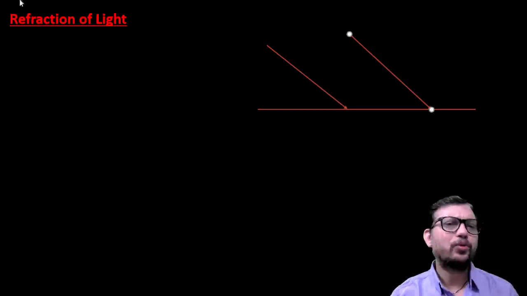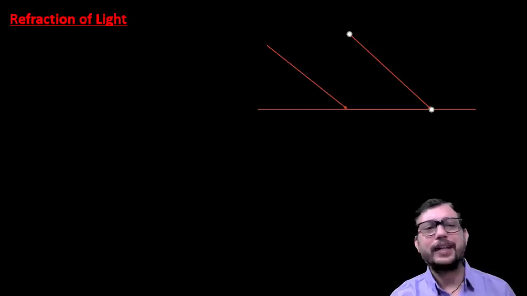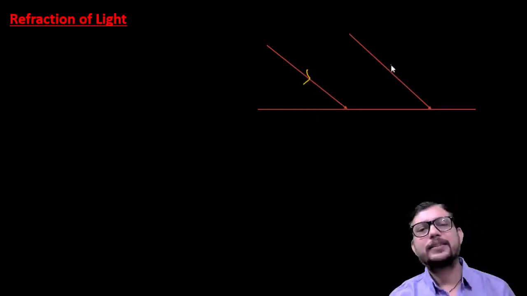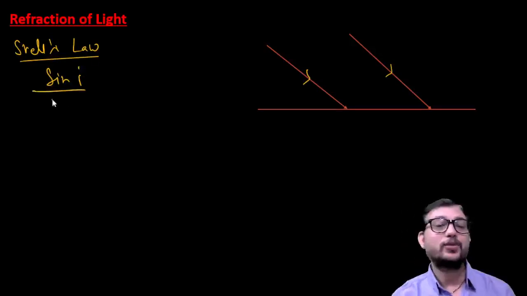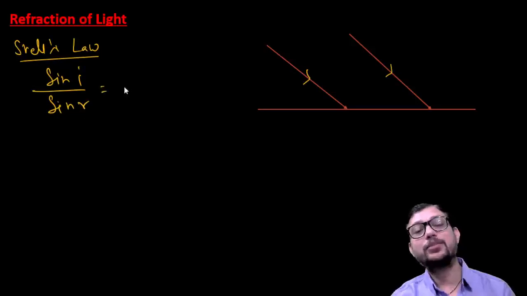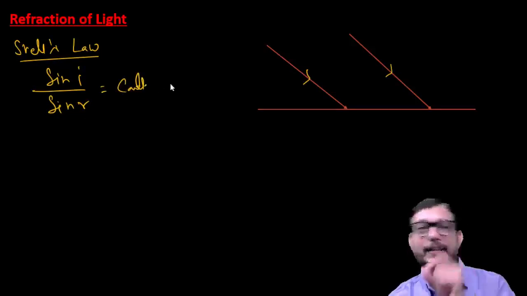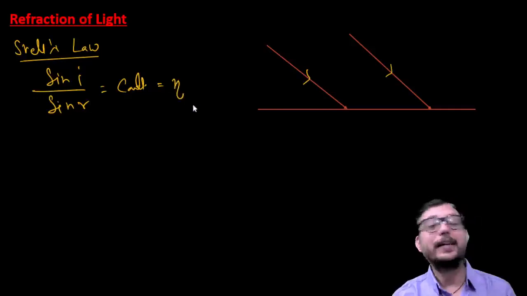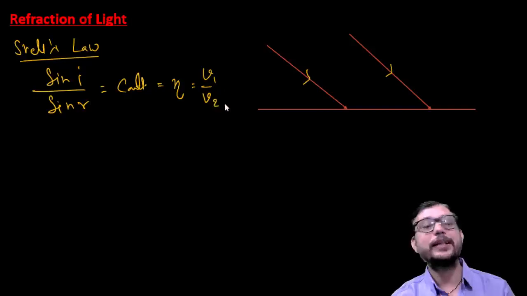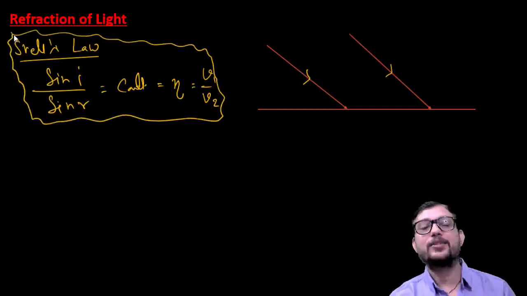When we talk about the laws of refraction, we know very well that according to Snell's law, the sine of the angle of incidence over the sine of the angle of refraction is equal to a constant, and that constant is the refractive index. The refractive index is nothing but the ratio of the speeds in two different media. I have already told you this in the previous chapter.